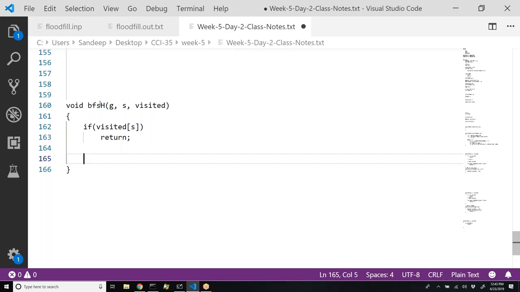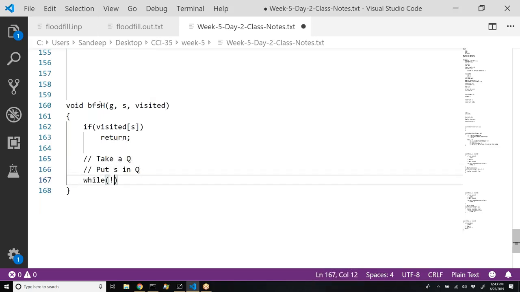Then print S. But usually when we do BFS, we take a queue, put S in the queue, and then we say while queue not empty. Printing we actually do inside the loop. That was our level order traversal. This is level order only, right?